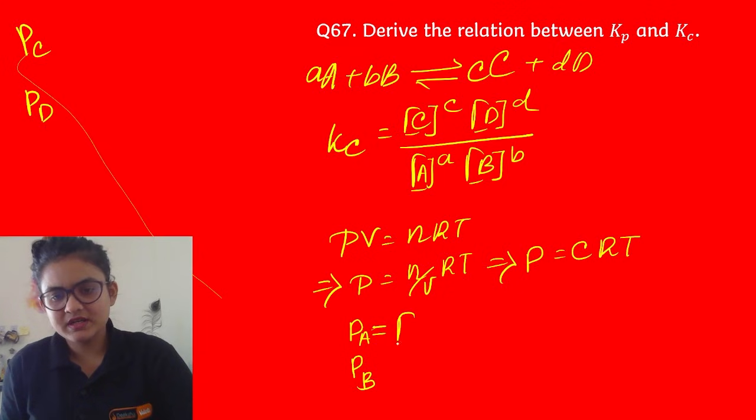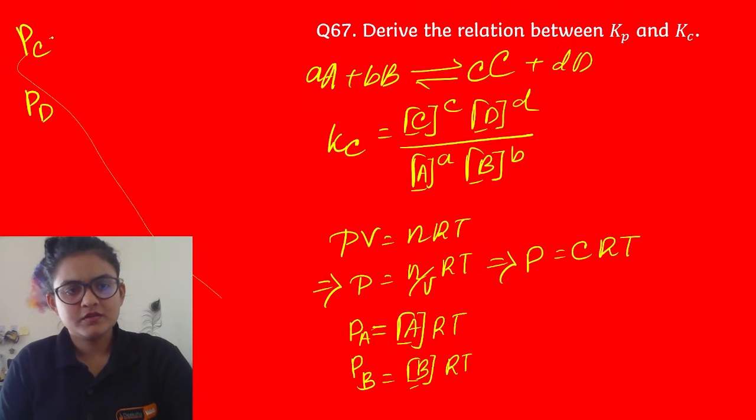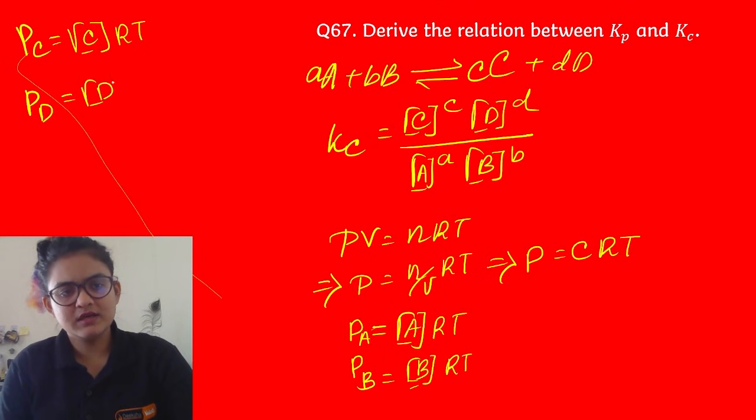Let's proceed with PA at first. That's going to be concentration of A into RT. For B, it's going to be concentration of B into RT. For C, concentration of C into RT. And this is going to be concentration of D into RT.